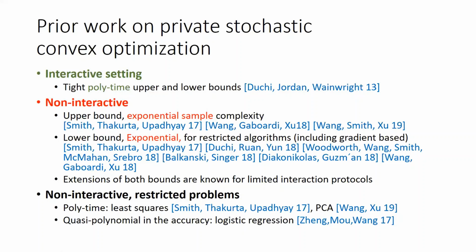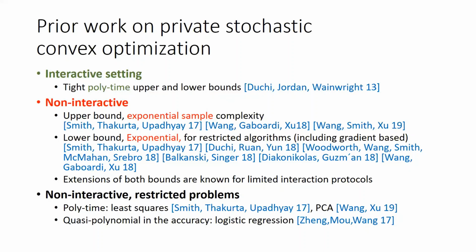So now let's move to discussing prior work, and most of it corresponds to general stochastic convex optimization rather than linear models. Here, in the interactive setting, polynomial time algorithms are known, but non-interactively, the best known algorithms require exponential sample size.